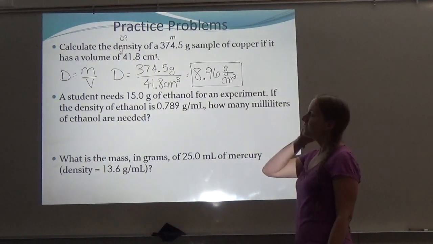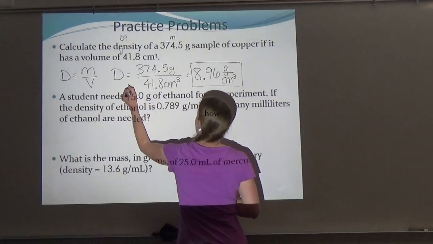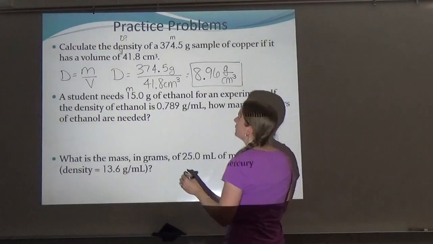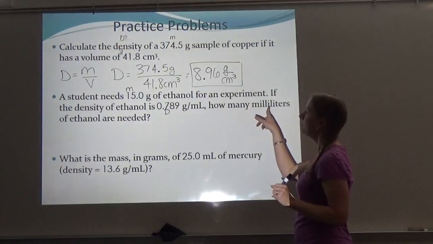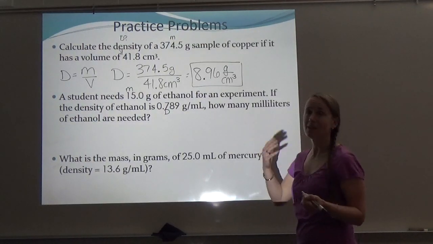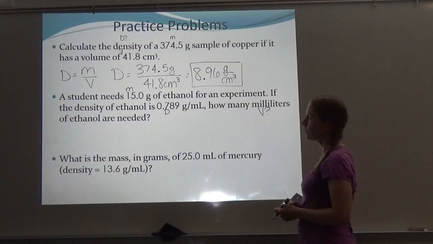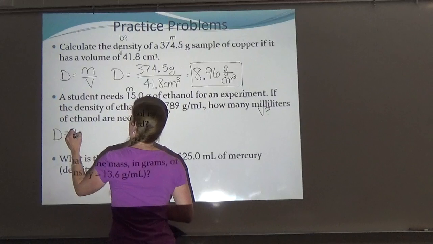All right, so hopefully you've already tried this one. It says a student needs 15 grams of ethanol, so there's my mass, for an experiment. If the density of ethanol is 0.789 grams per milliliter, so there's my density, how many milliliters of ethanol are needed? That means I'm looking for volume. Liters, milliliters, things like that are volume. All right, so again, I'm going to have to rearrange my formula.